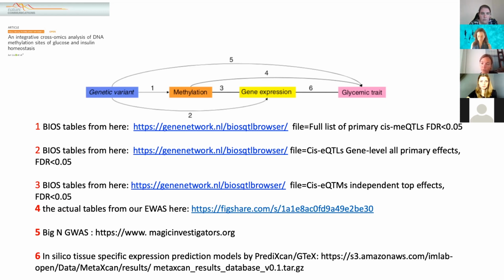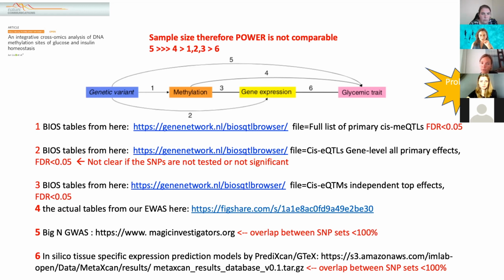So that was the part I already talked about. As I said, what one needs to be careful about here is that for some SNPs you can't really know if they were not tested or not significant, although we found it a very useful website. Otherwise, we wouldn't be able to perform this analysis. So thank you, BIOS QTL browser, always very nice.